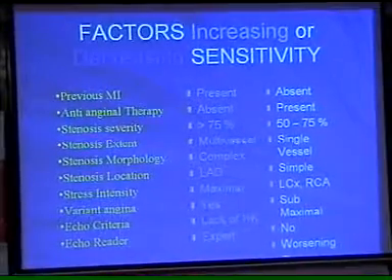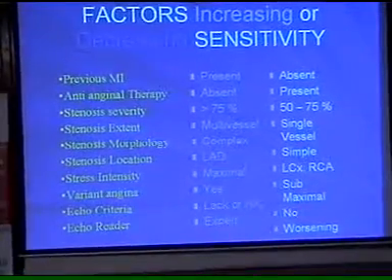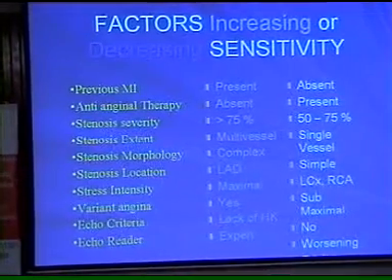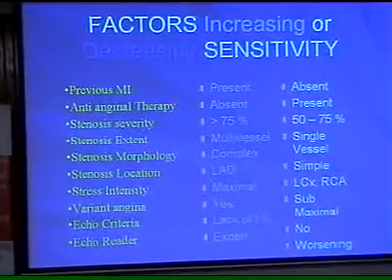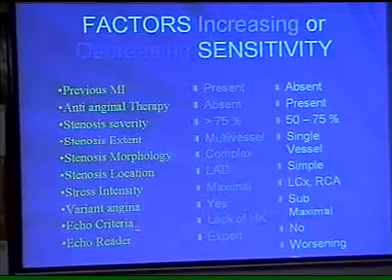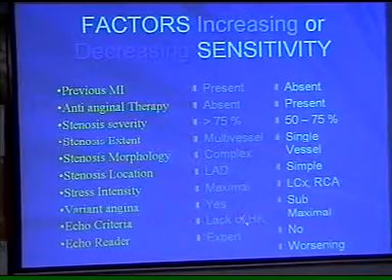Factors increasing or decreasing the sensitivity, obviously. Previous MI, absence of antianginal therapy, stenosis severity, multivessel disease, complex LAD territory, maximal stress intensity, variant angina. This is basically lack of hyperkinesis. Basically, this is also important.